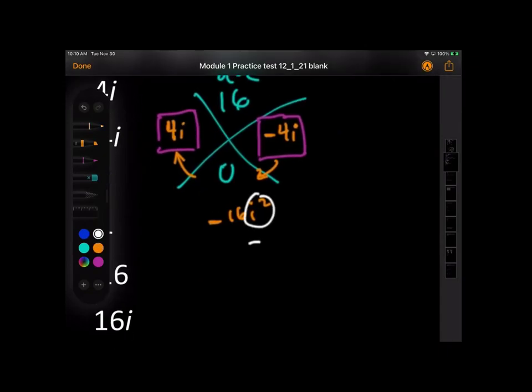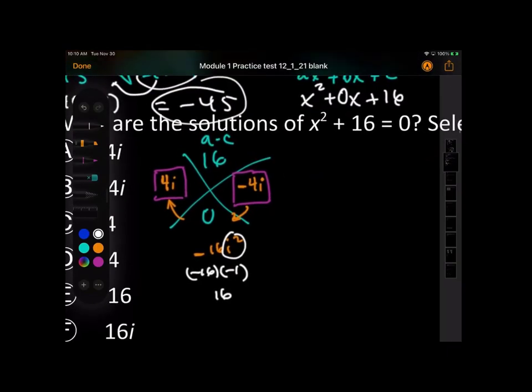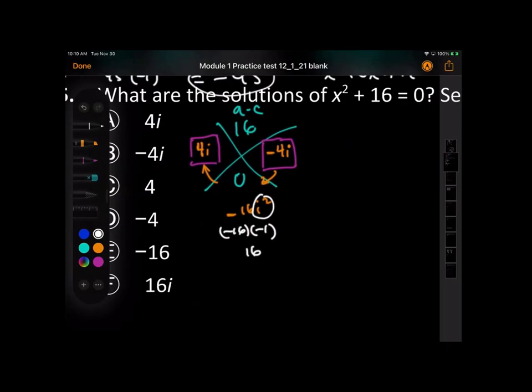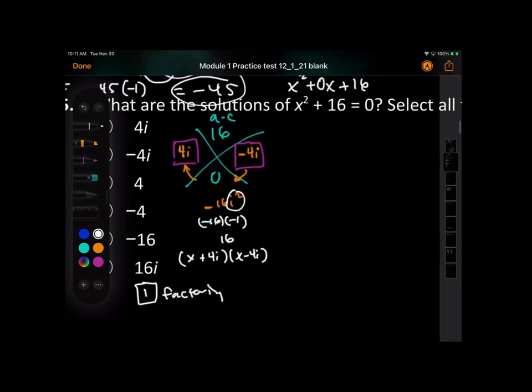And then i squared is negative 1, so you get 16 as your answer. How can you use those? Well, I'm using factoring. You can put in here x plus 4i and x minus 4i. So that's just one way of frying or cooking the potato.